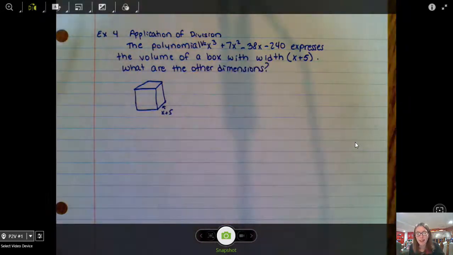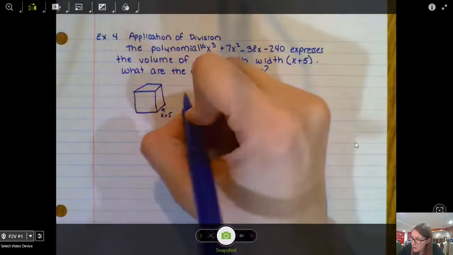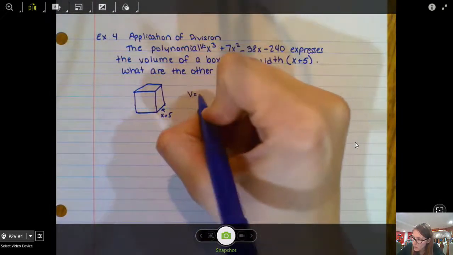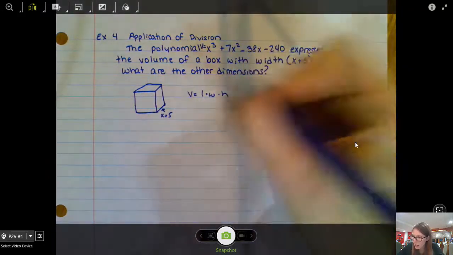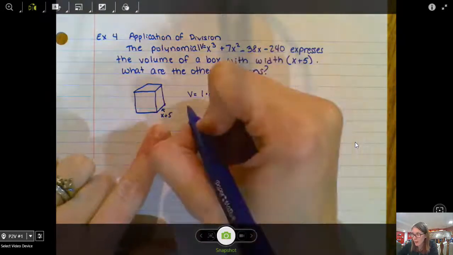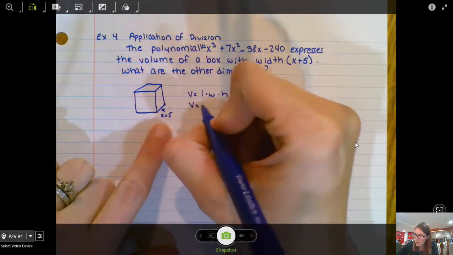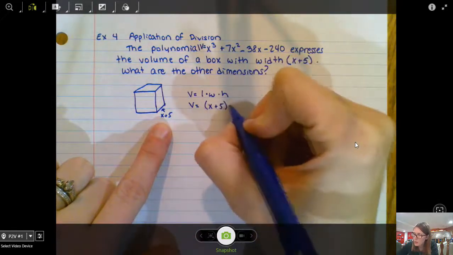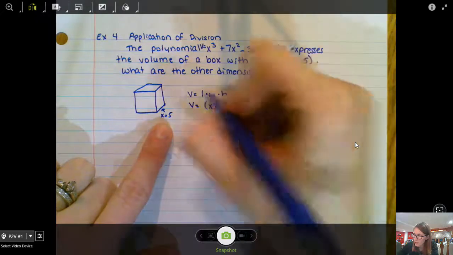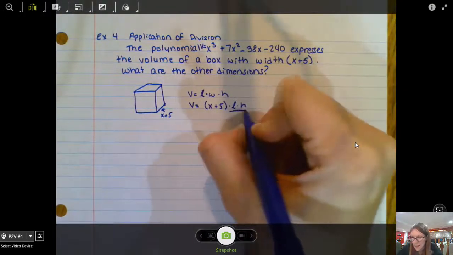I don't know my length, I don't know my height, but I do know that volume equals length times width times height. And if I know this is my width, this whole thing, my volume, equals my width times my length times my height. I just need to figure out what this is.